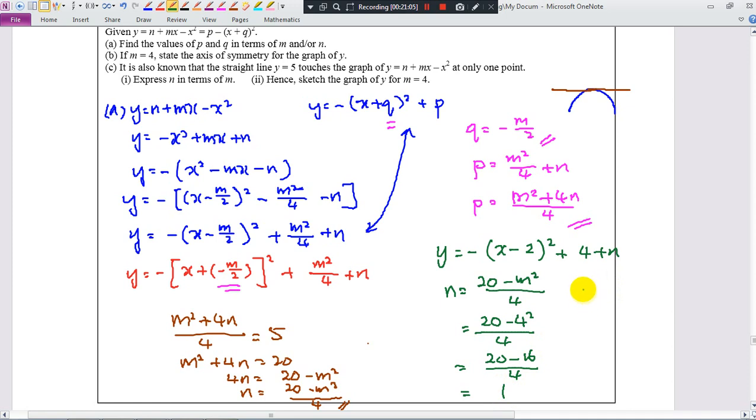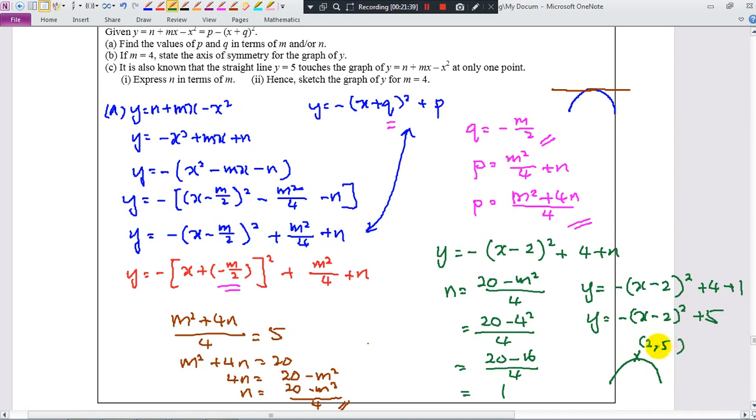Okay, so our graph will be y equal to negative x minus 2 squared plus 4 plus 1, negative x minus 2 squared plus 5. Okay, so how to sketch a graph? You try on your own. Set face, right? And the maximum point is 2, 5.